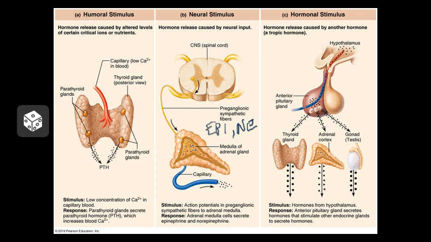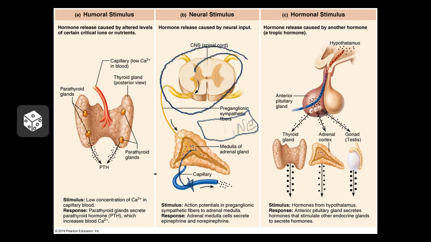And then those products are secreted into the bloodstream. So neural stimulus to a neuroendocrine gland, like the adrenal gland, the adrenal medulla.